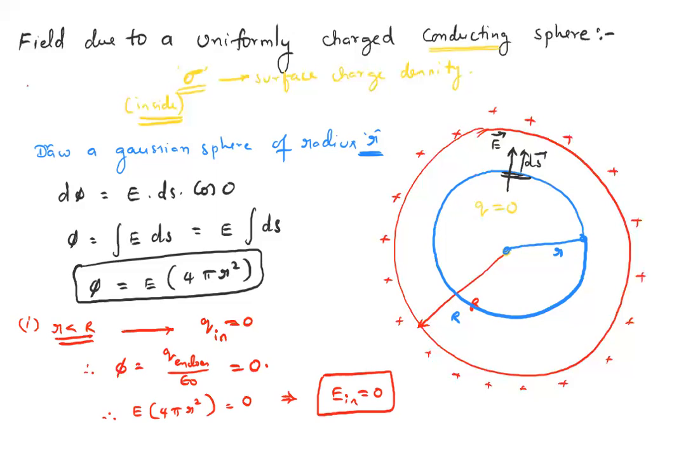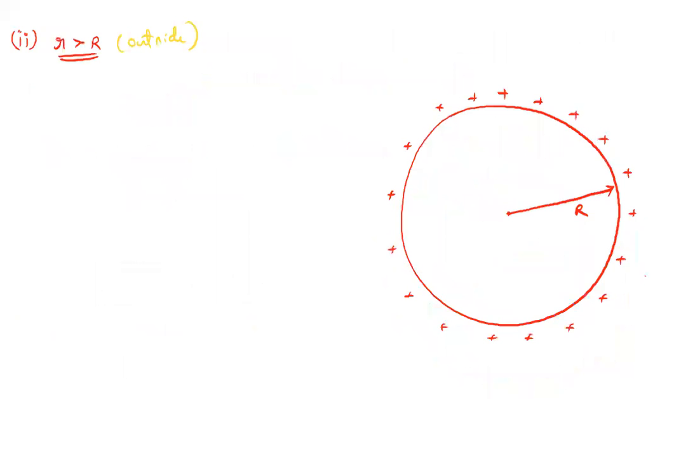Now we go for the second case: small r greater than capital R, that is, an outside point.